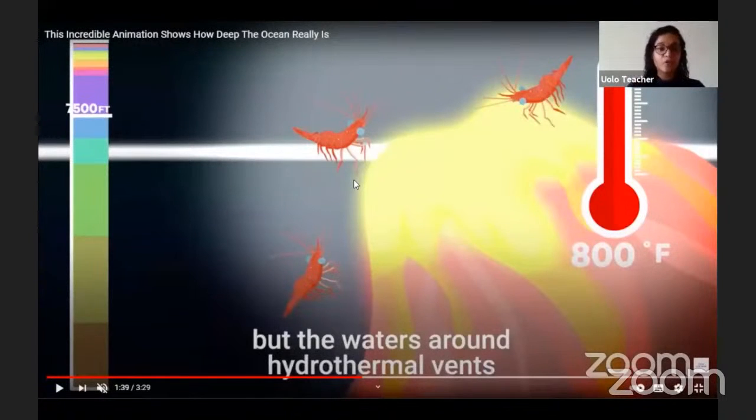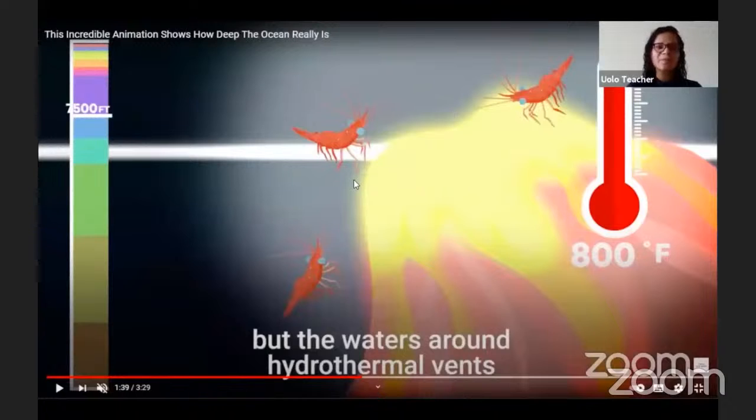Now, if we go further down, we have the midnight zone. What do you mean by midnight zone? It's pitch black. You cannot see anything. There are animals present in the zone, and they don't have eyes because they don't need them. It's already very dark. For example, one of them would be the eyeless shrimp.